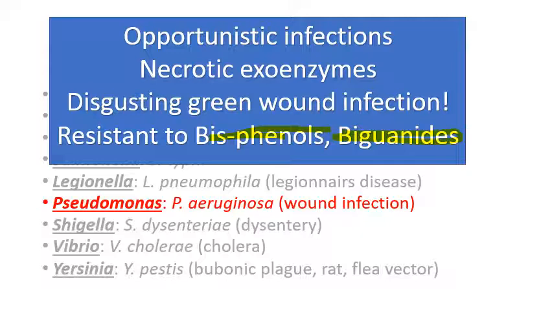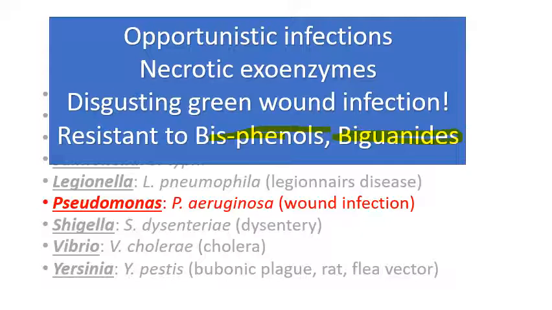But if you go to the drugstore, the pharmacy or the supermarket, amongst the cleaning products you'll see products that list the word antimicrobial or antibacterial soap on the label. Usually those soaps or cleaning products contain bisphenols or biguanides, and so those are actually dangerous because they can spread infections.